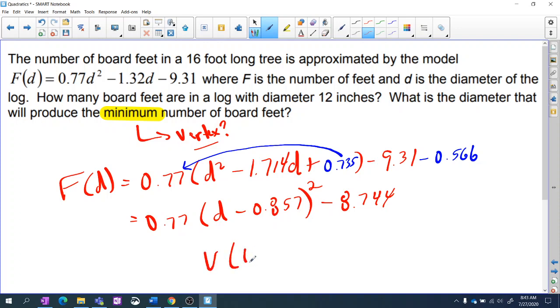Gives me a vertex of 0.857, negative 0.8744.